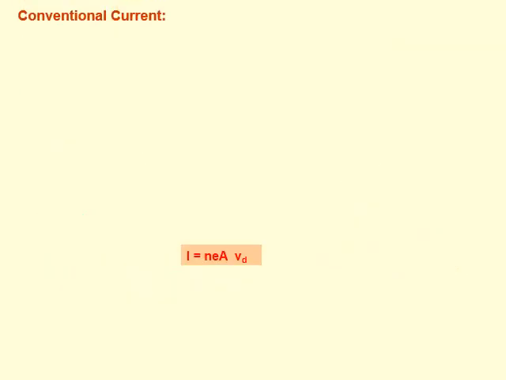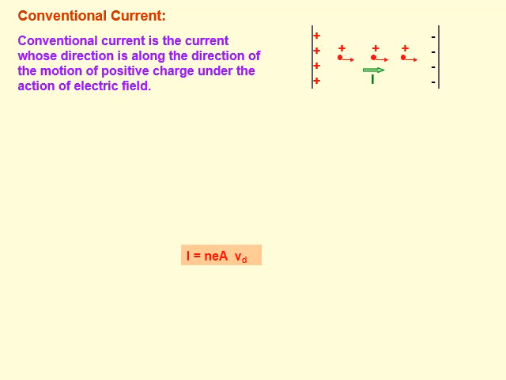In this slide, students, we will be discussing the concept of conventional current. As you can see, there are positively charged particles flowing from the positively charged plate to the negatively charged plate in the figure alongside. Conventional current is the current whose direction is along the direction of the motion of positive charges under the action of electric field.